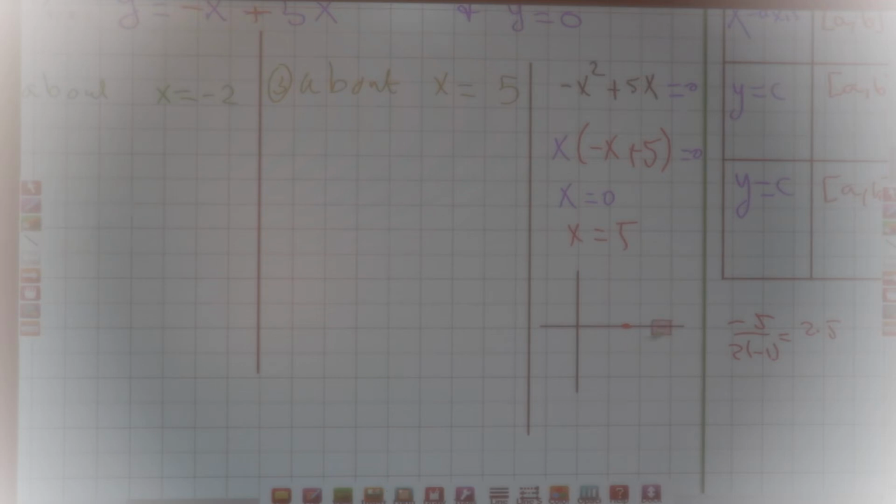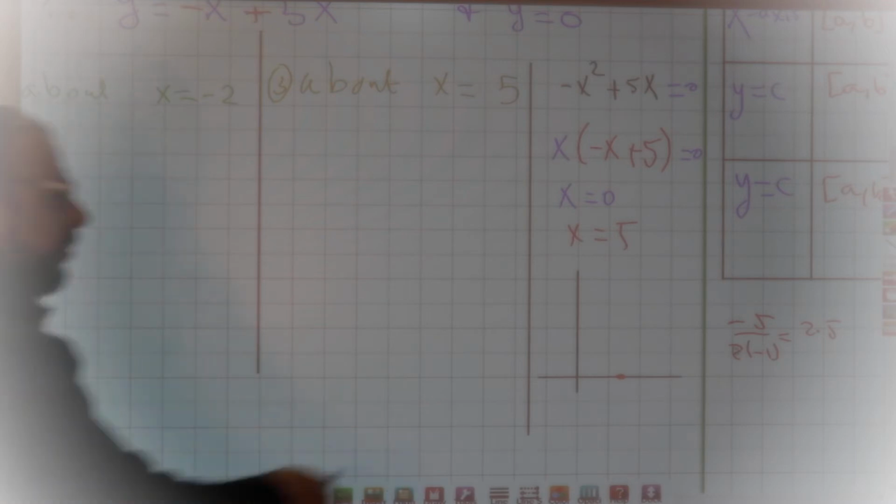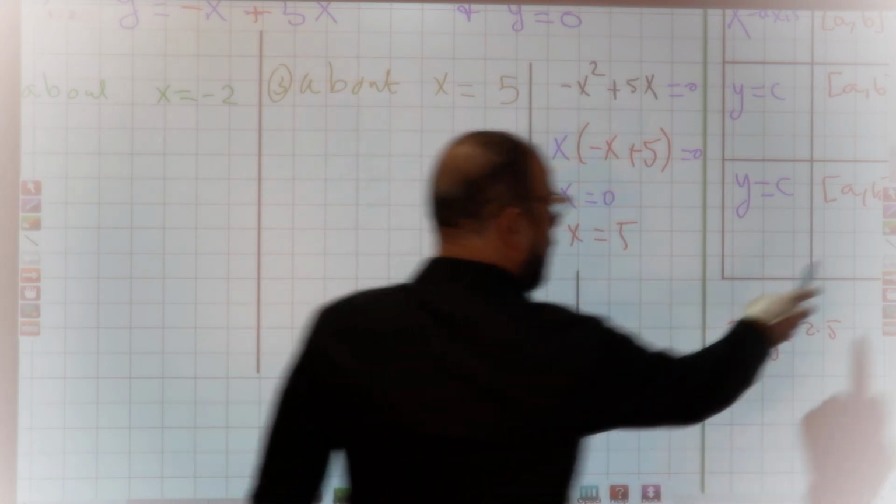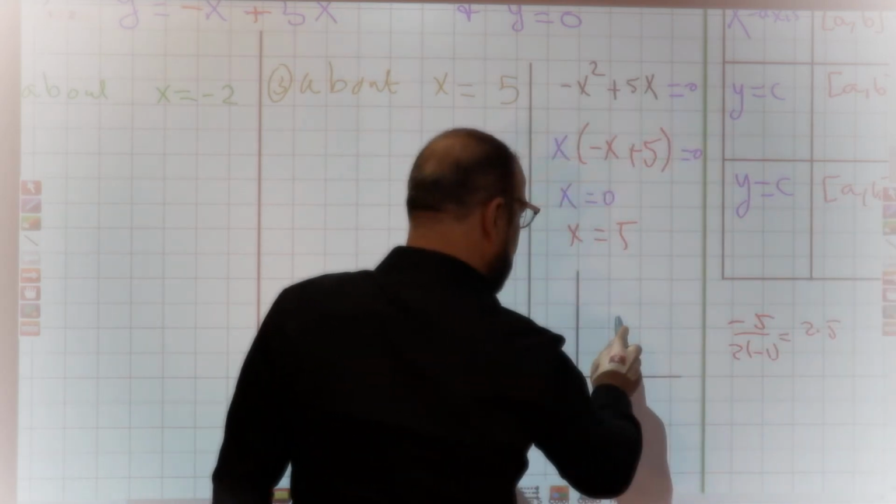I'm taking my time. As long as you understand one problem, you will be able to understand any other problem. 2.5 is almost here, and 6.25 here.